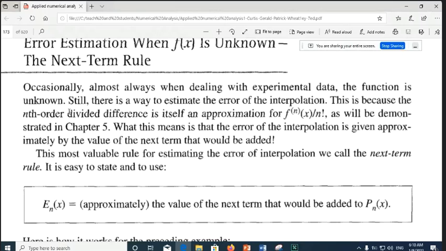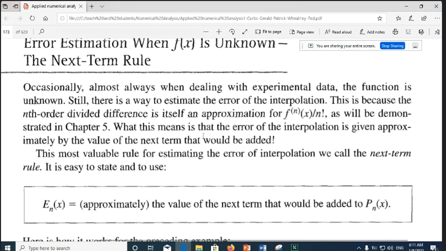This is because the divided difference is itself an approximation of the differentiation of f of order n divided by n factorial. This term you can see in the Taylor expansion or Taylor approximation of a function, as will be demonstrated in the fifth chapter.